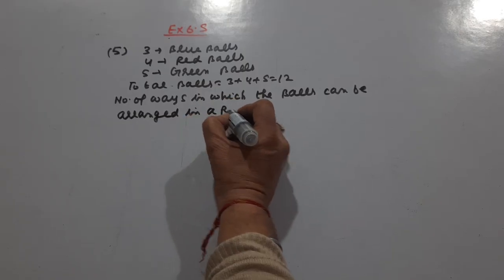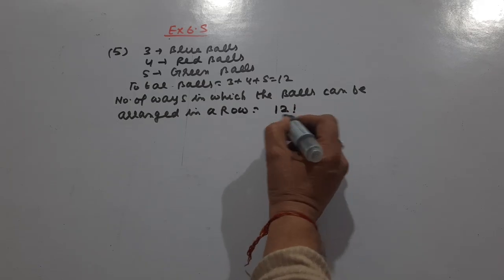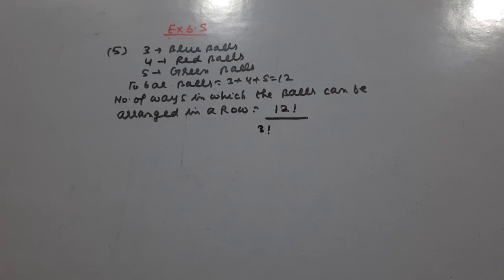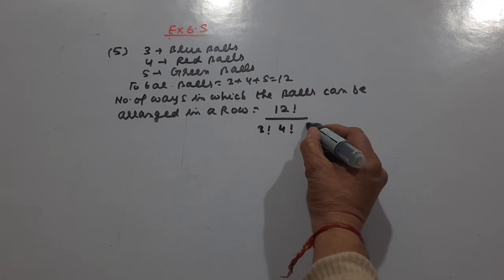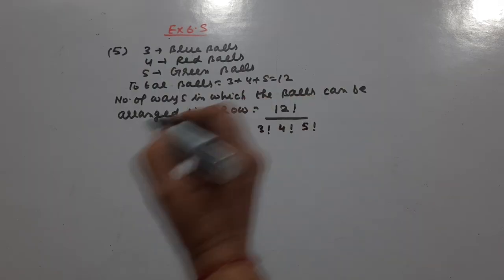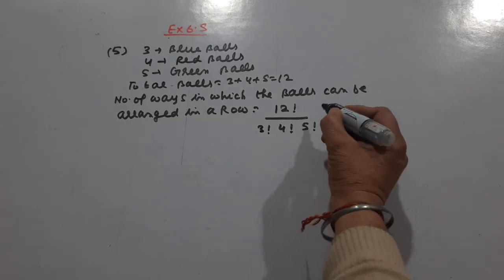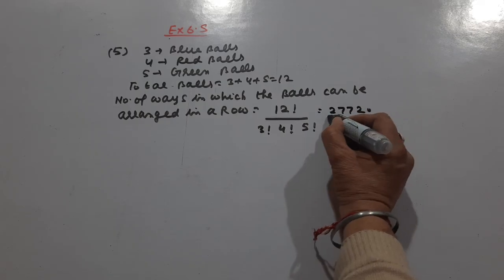So we use second theorem. Total balls are 12, 12 factorial upon 3 are blue identical balls, 3 factorial, 4 are red identical balls, and 5 are green identical balls. So we write 12 factorial upon 3 factorial, 4 factorial, and 5 factorial. On solving it, we get 27720. We can solve it with the help of calculator.